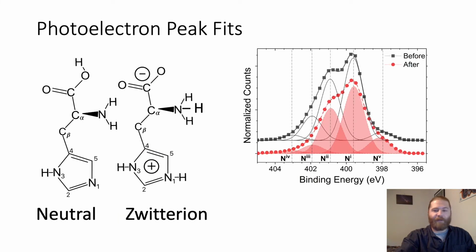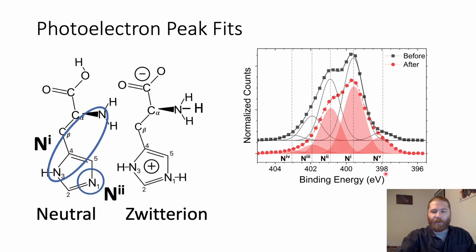The XPS measurements look like is shown here, where I've focused on the nitrogen component of our molecules, nitrogen being very unique to the analyte molecule and also on the chiral center. So we see that the high-resolution spectra of nitrogen can be fit with 5 different peaks.